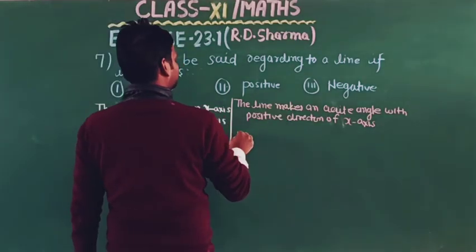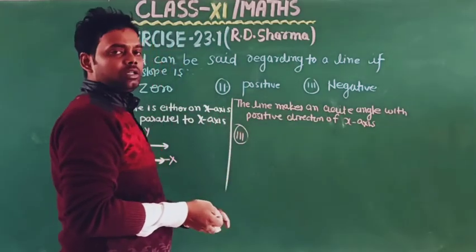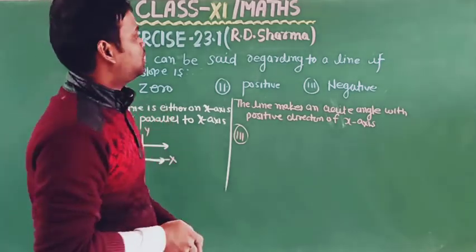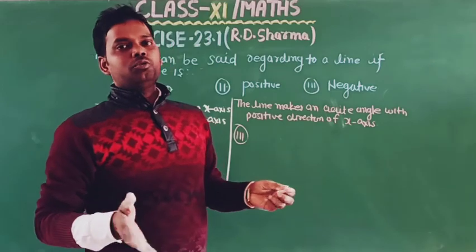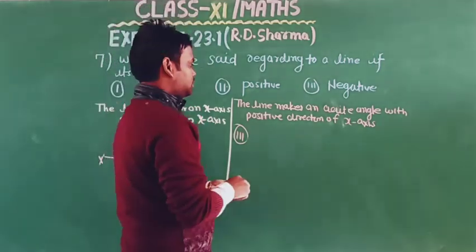And third, when the slope of any line is negative, then the line makes an obtuse angle with the positive direction of the x-axis.